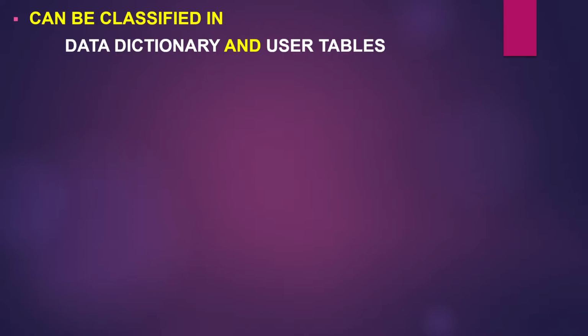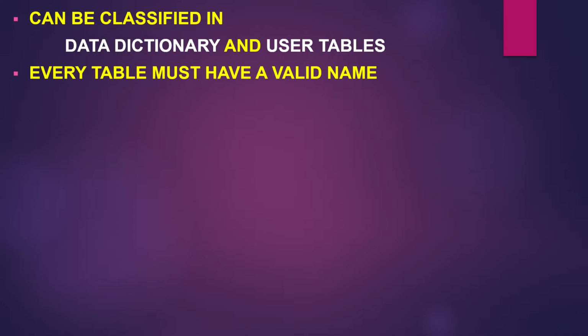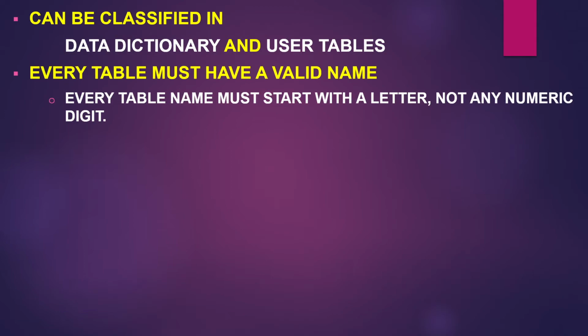Now, one another thing we have to remember, every table must have a valid name. So when a user creates a table, the name of the table must be proper and valid.